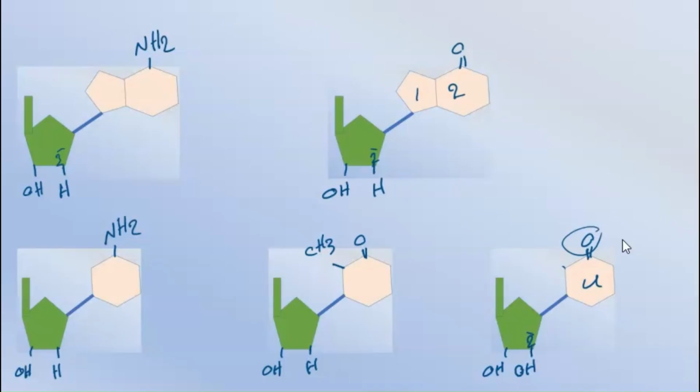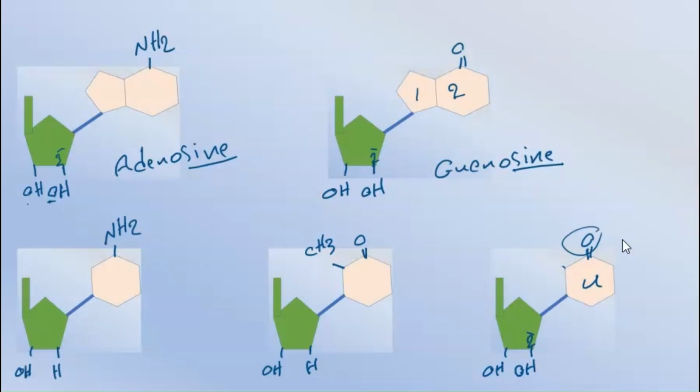So what if I do this? What's this now? Remember, now it's part of RNA because there's an oxygen here. And it's going to be called adenosine, right? So adenosine. What about this? Now it's going to be called guanosine, right? Now, notice in the purines, there's the sine suffix.